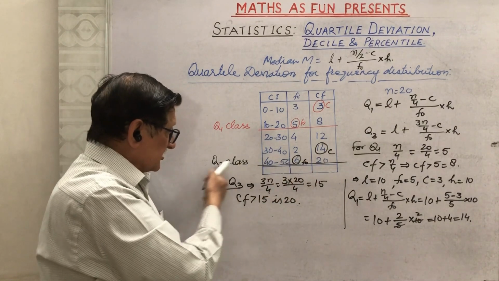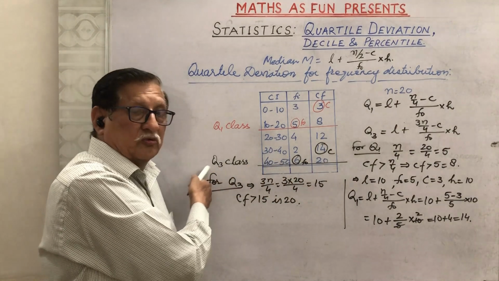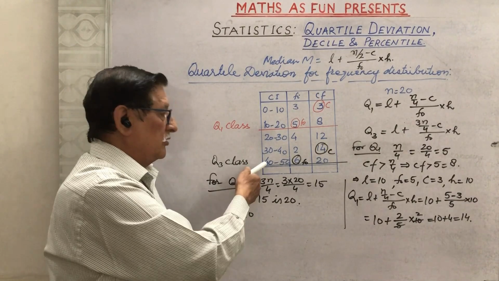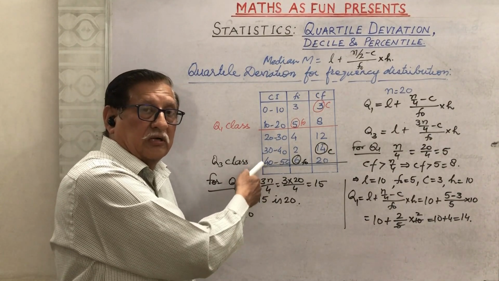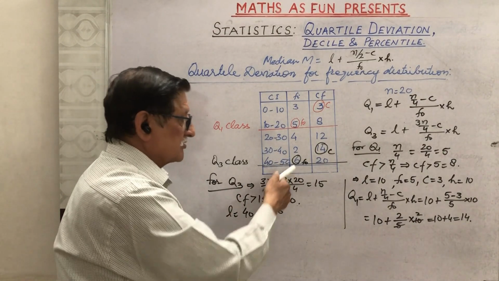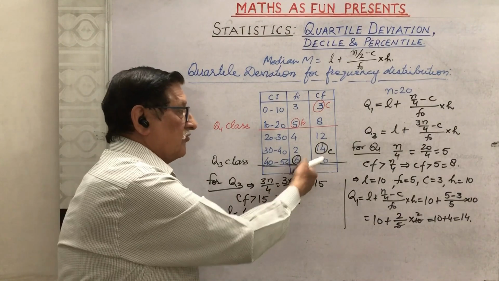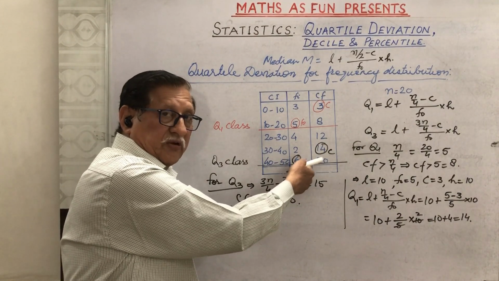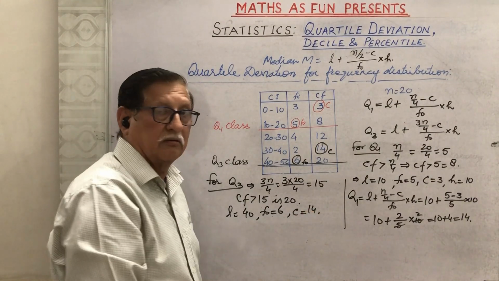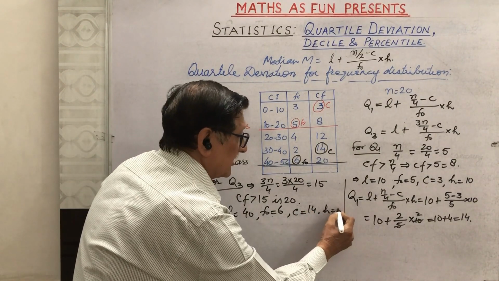It means this is the third quartile class or Q3 class, and here in this case we are finding L is 40, the lower limit of this particular class. f0 in this case will be 6, and the value of C, that is the cumulative frequency of the preceding class, will be given by 14. h is 10, that is the class interval.